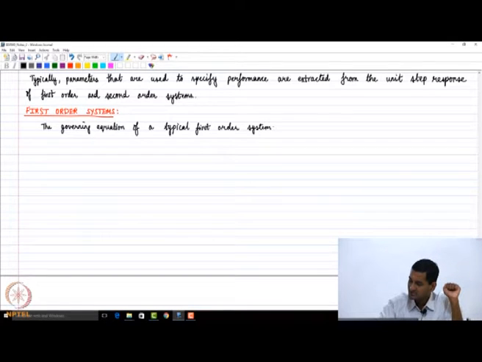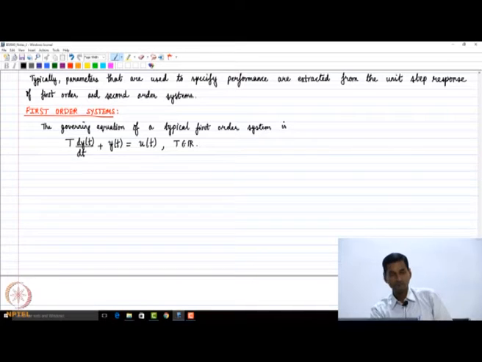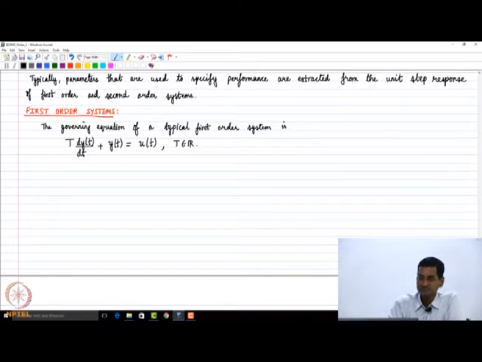Okay, so the governing equation of a typical first order system is capital T times dy(t)/dt plus y(t) is equal to u(t), where T is a real number. Fine. So what is the transfer function of the system? Take the Laplace transform on both sides. What do we get?